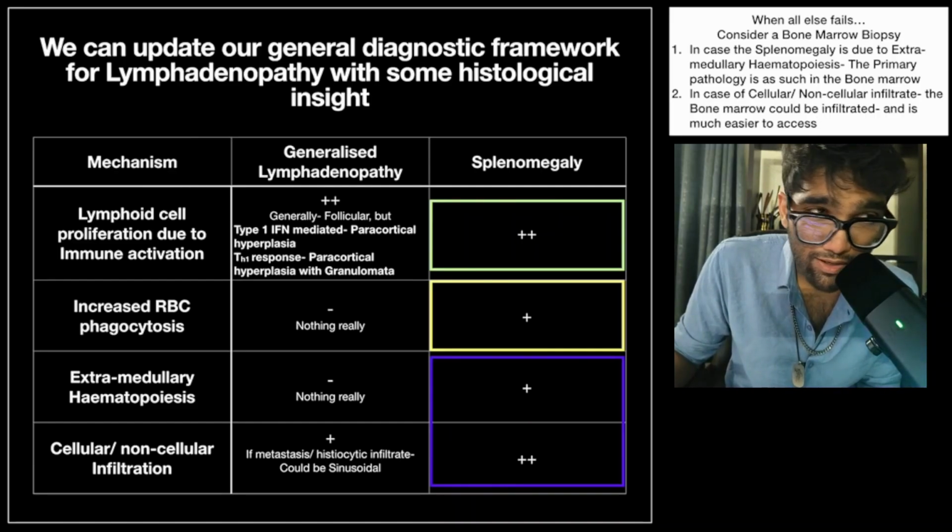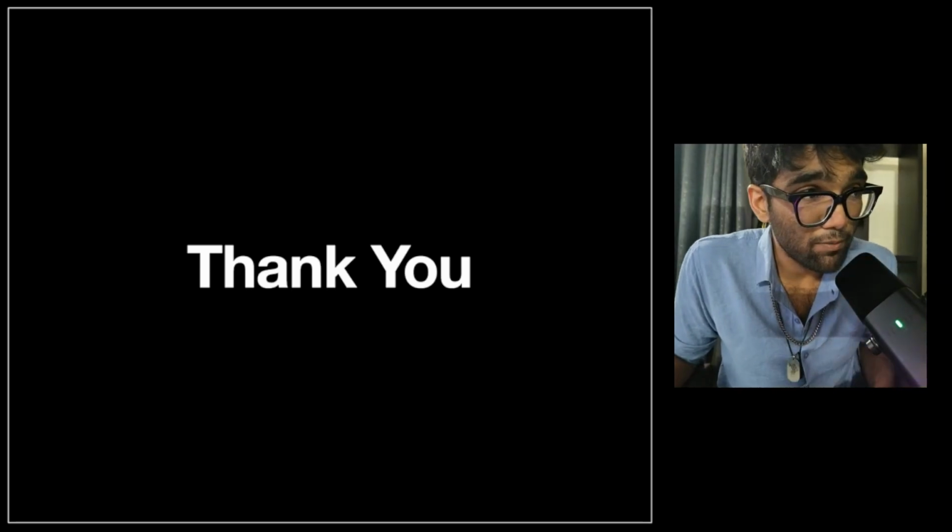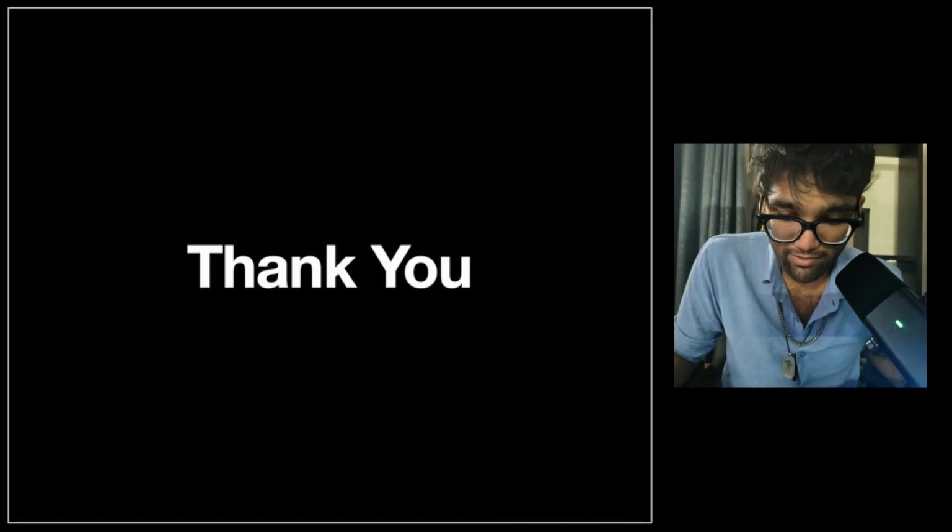So bone marrow is much easier to access than the spleen, and therefore it would make sense to. So that is my updated framework for evaluation of generalized lymphadenopathy and splenomegaly. I hope at this point you are clear regarding the logic and reasoning behind it.